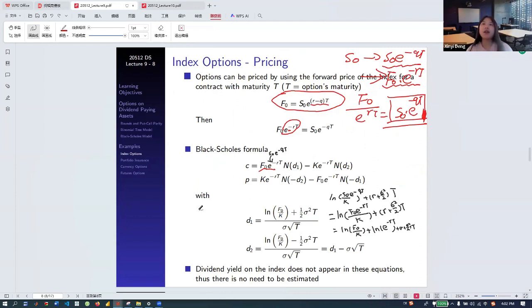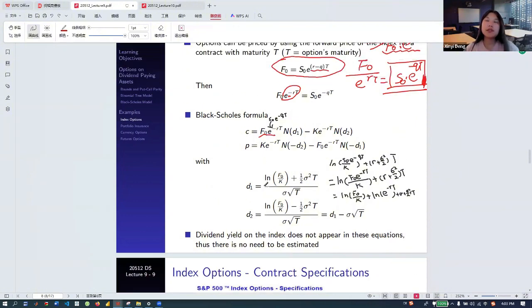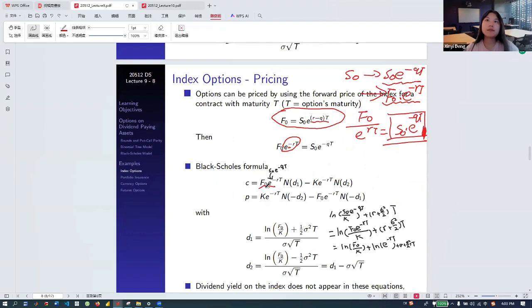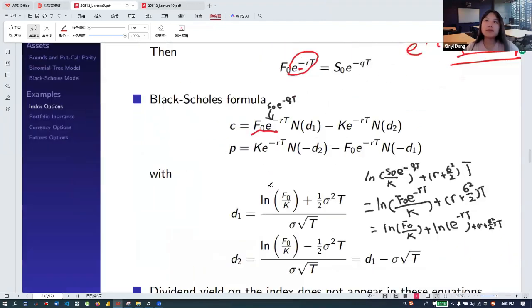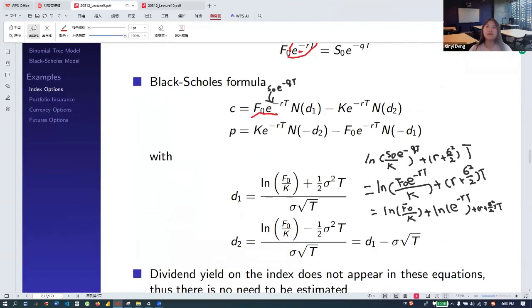So now d1 would be equal to, let me show you guys, d1 is equal to ln S0 divided by K plus 1/2 times sigma squared. Oh, sorry, I forgot one term.